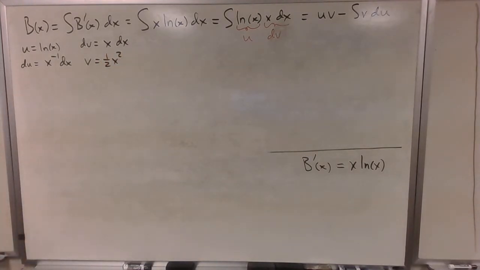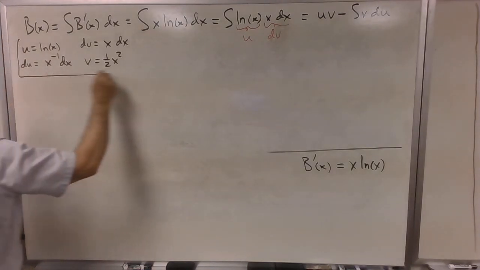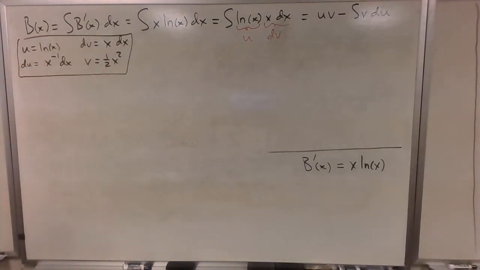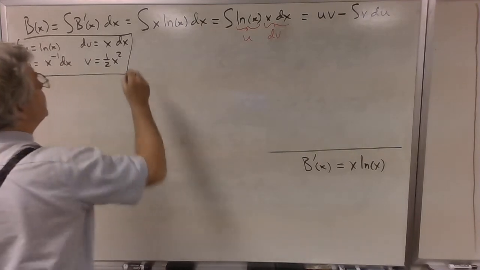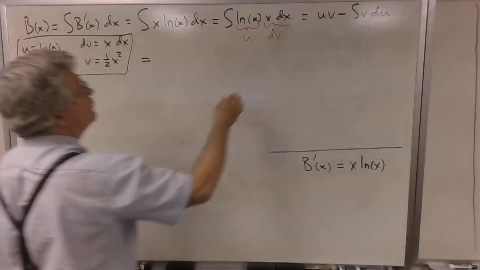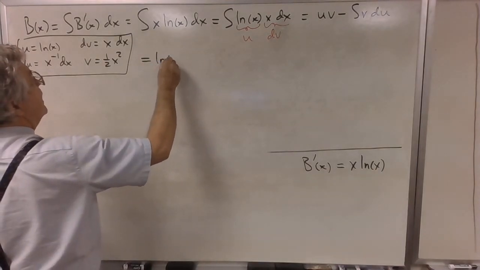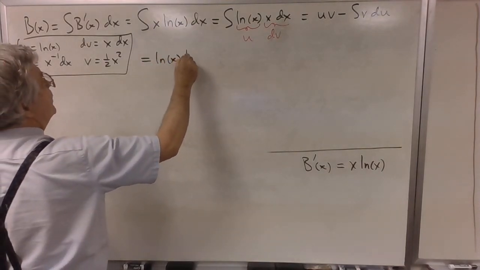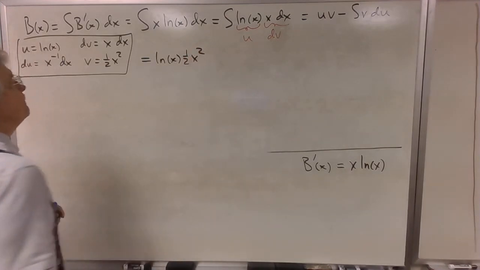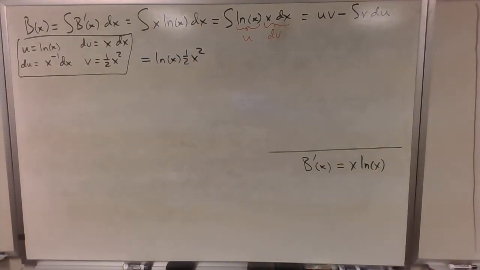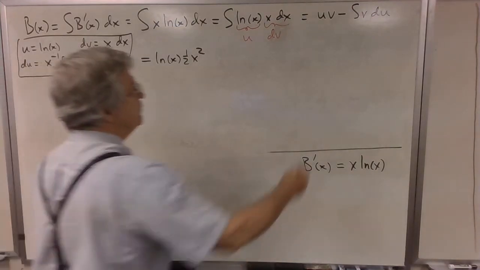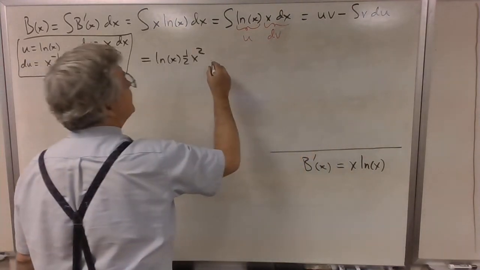Okay. So I get uv, which is natural log of x times 1/2 x squared. So there's my uv, minus the integral of v du.